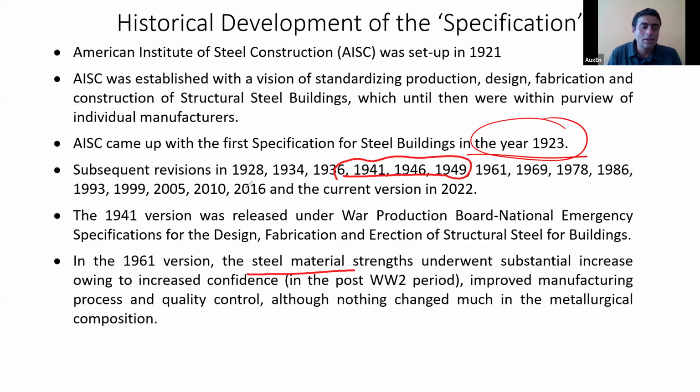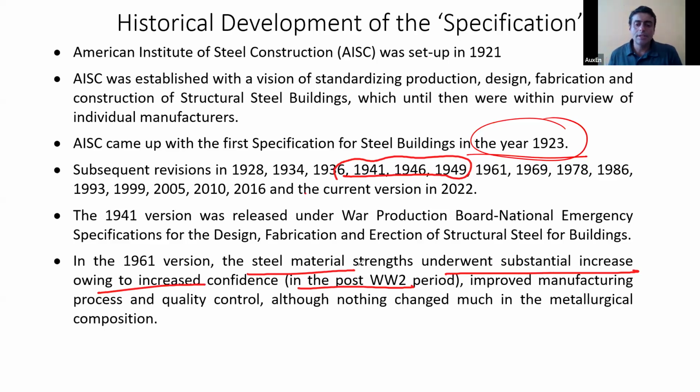So you had seen their use during the war. Because of their performance in World War II, your confidence in the material increased. Because your confidence in the material increased, you could reduce the safety factor.